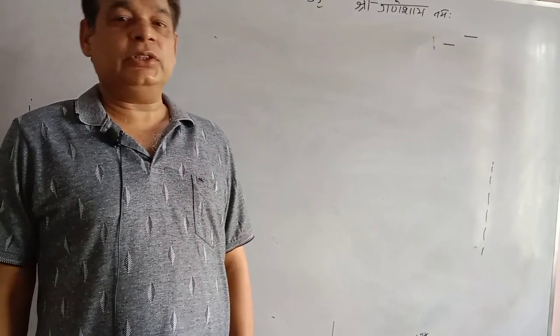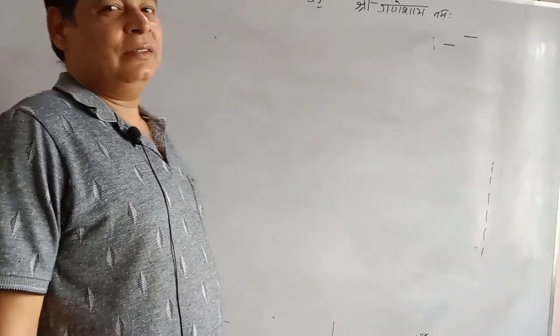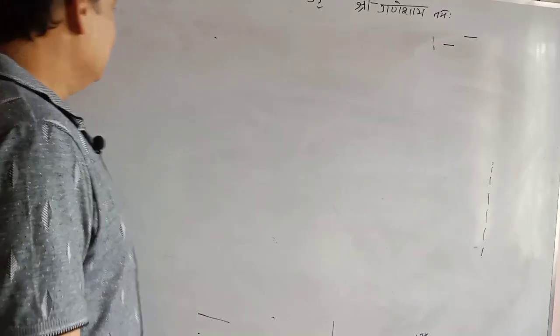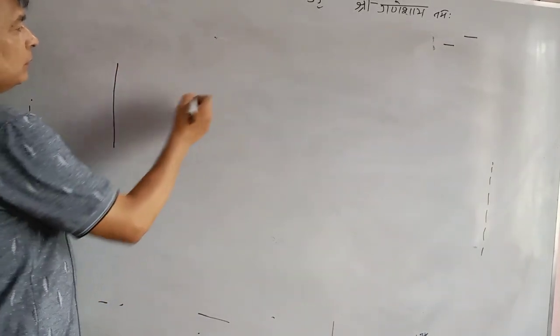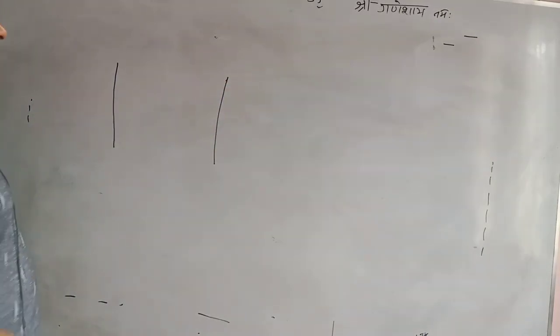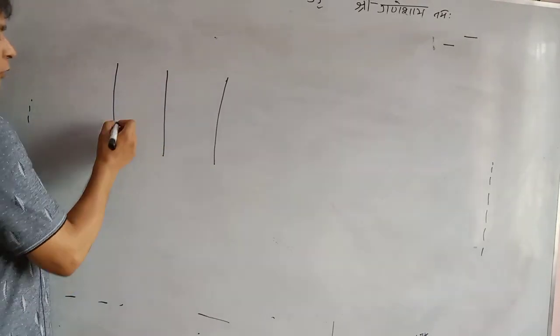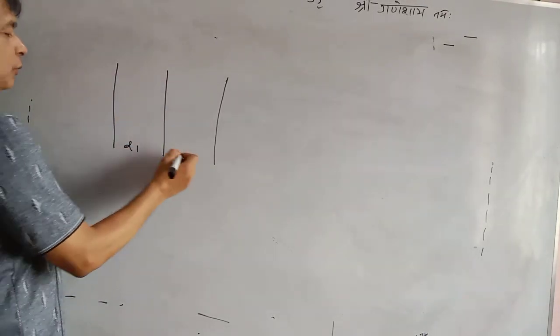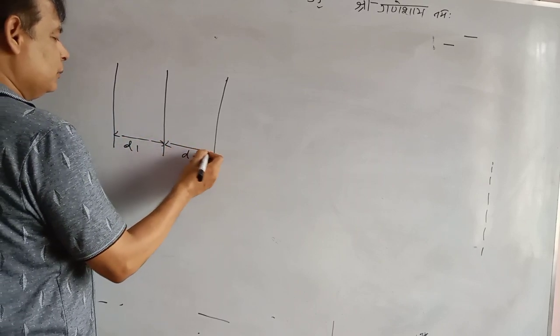I'm taking another question of the same type, based on the E equals ρJ formula, that is, based on Ohm's law. I'm taking a capacitor. Its gap is filled up with two dielectrics of widths d1 and d2.